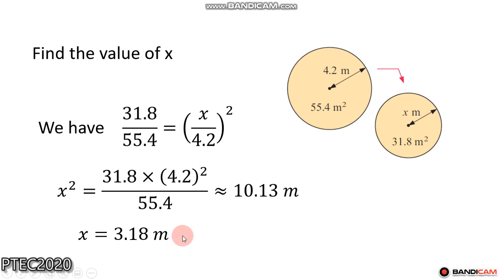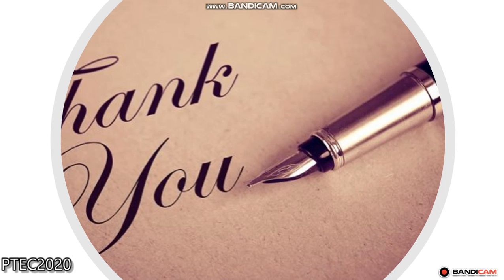So this is how we find h, as well as how we can find the corresponding side of a figure when we know the other similar figure. Okay, so thank you. That's all for my lesson today, and see you next time.